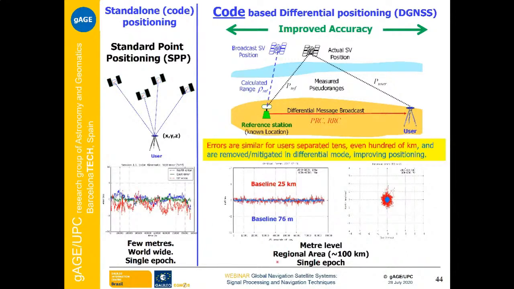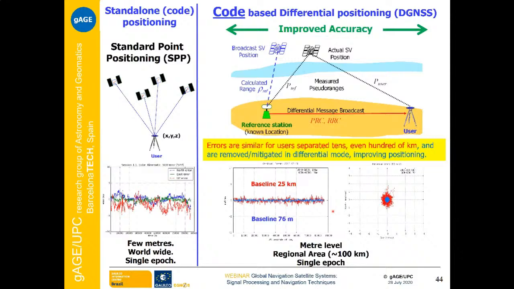We also have single epoch in code-based differential positioning, but here we improve the accuracy; meter level or sub-meter level can be achieved, but there is a limitation in the baseline. Here, using code, we can extend the baseline up to 100 kilometers.